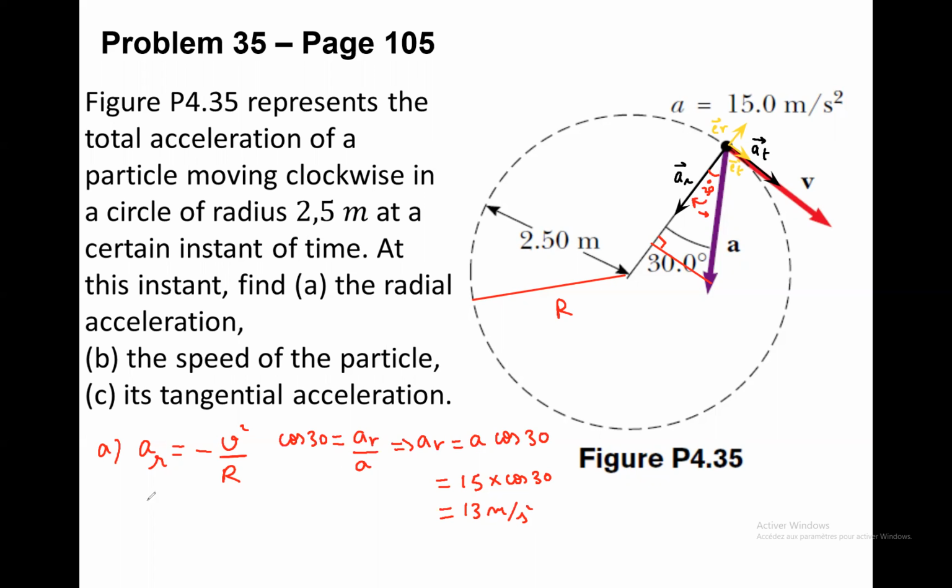So we can write here A radial equals 13 m per second square. Maybe we cannot use this other equation, because we don't have the value of V. If we had the value of V, we could use it, because R equals 2.5.